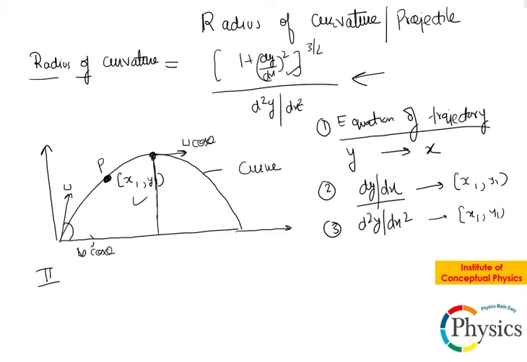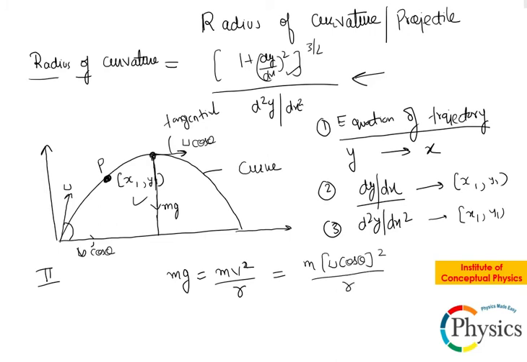So your weight is contributing to the centripetal force, and velocity is tangential, okay? So one way of looking at this is that this weight is the source of centripetal acceleration. So you can write mg is equal to mv square by r, and the velocity is u cos theta whole square by r.